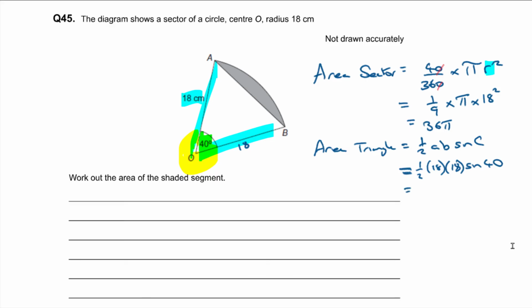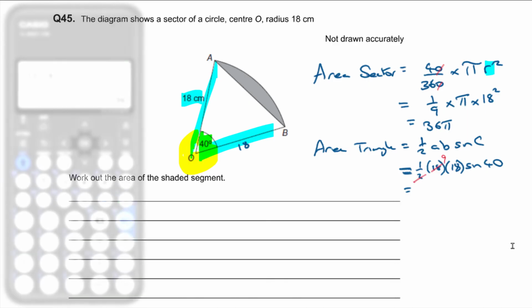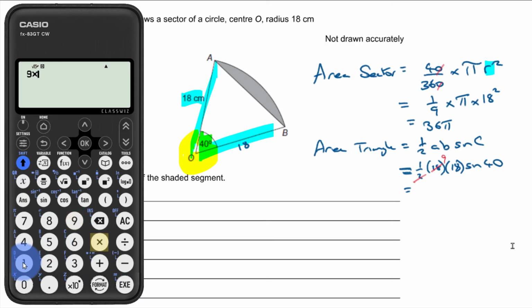Okay? So, probably just going to cancel that into that, give me 9, and make it slightly easier to type into the calculator. 9 times 18 times the sine of 40. That comes out to be 104.1.